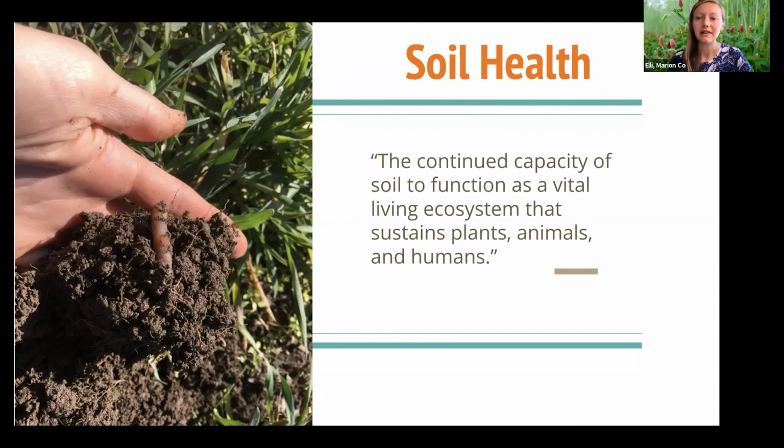And so the soil health definition, for those that aren't familiar or this is new, is just a reminder that it is the continued capacity of soil to function as a vital living ecosystem that sustains plants, animals, and humans.